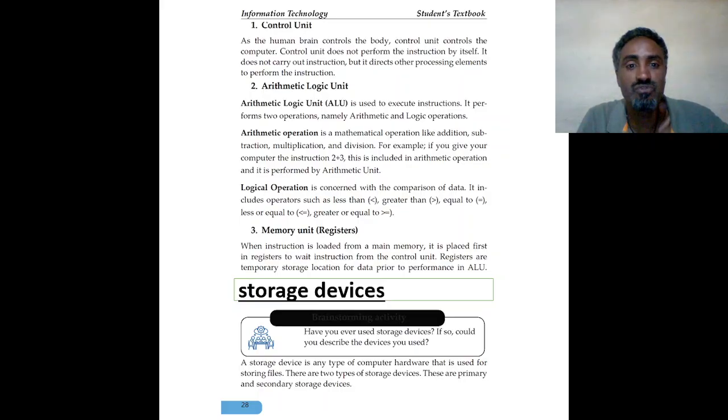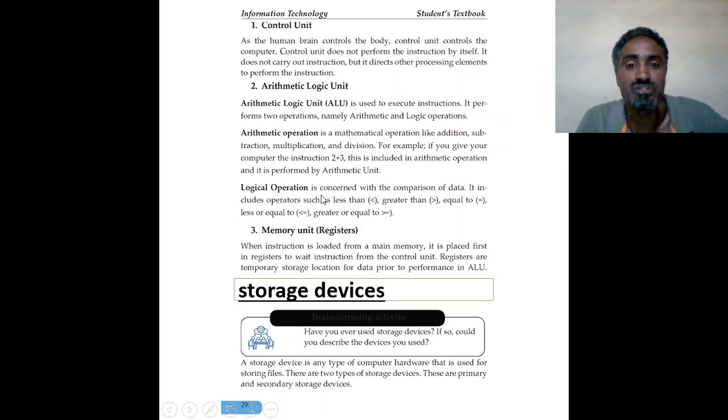Whether it adds, subtracts, or gives a product for particular numbers, the arithmetic operation is found in the CPU, the central processing unit. These basic operations are performed by this component.